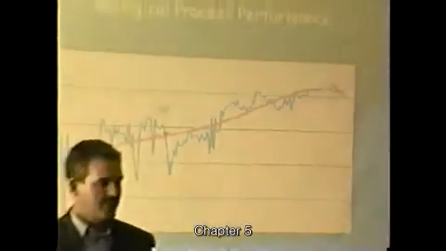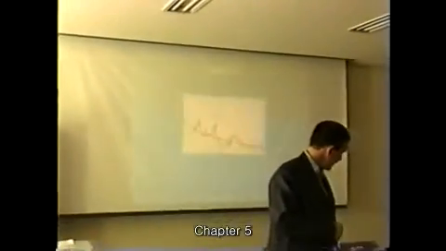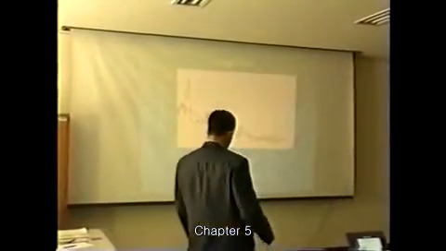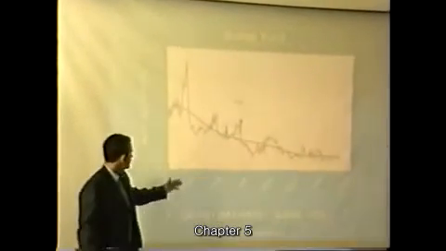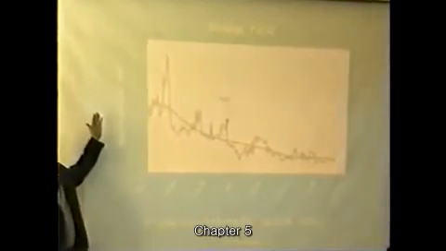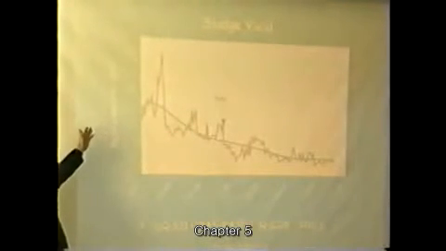Fortunately, the system was stressed. It did not have sufficient oxygen. The sludge yield decreased. The sludge yield being the kilogram of sludge produced per kilogram of COD removed.